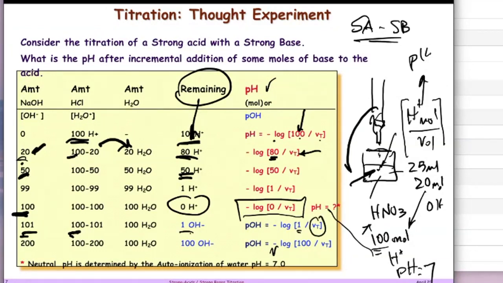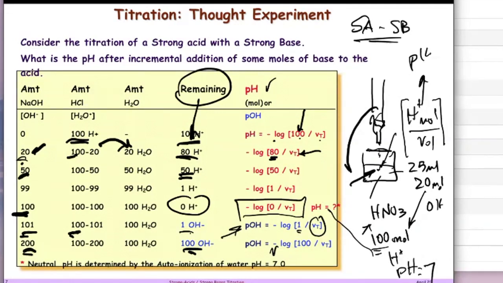It's always based on the new total volume. And if you take the negative log of that, you've got the pOH. And of course, if you want to calculate the pH, just subtract the pOH from 14. And if you add more excess base, you've got more excess hydroxide, and you can calculate the pOH of that.